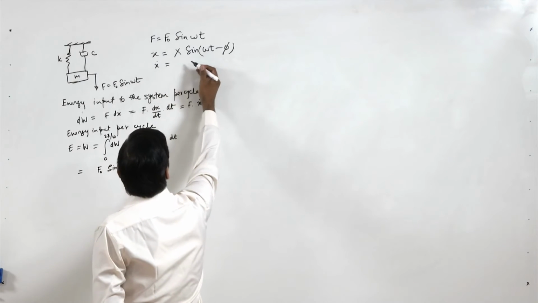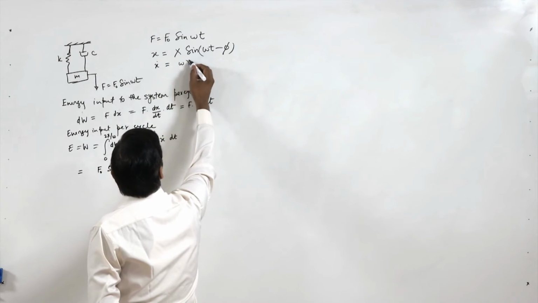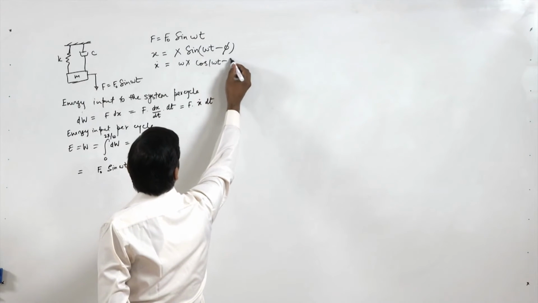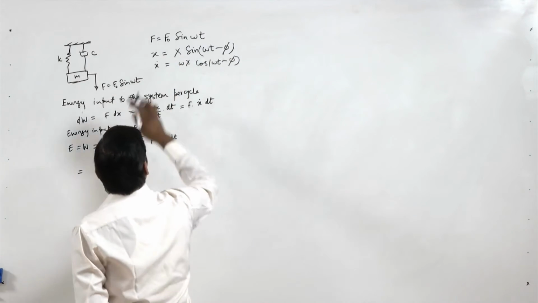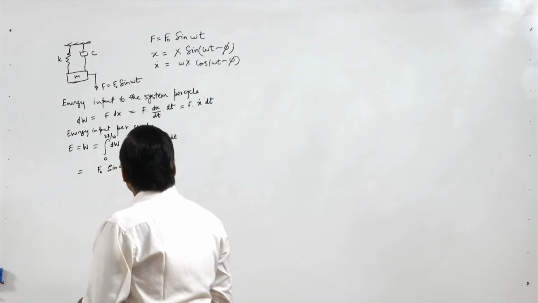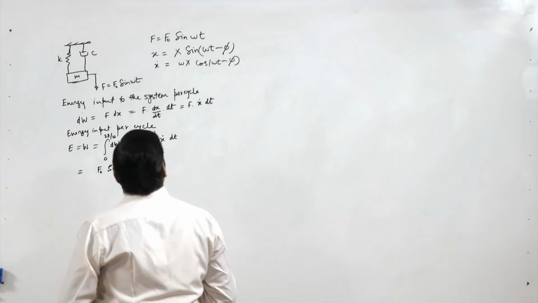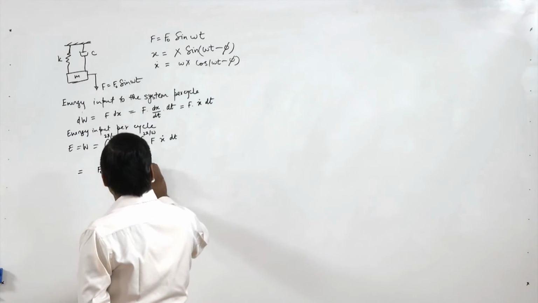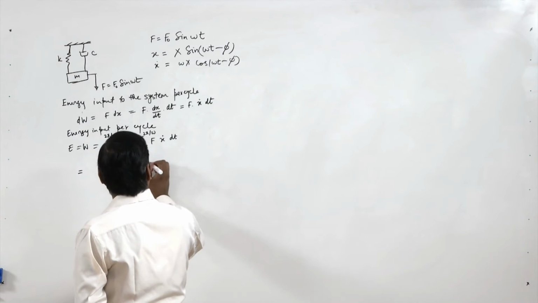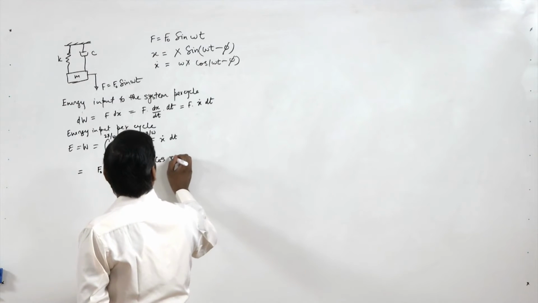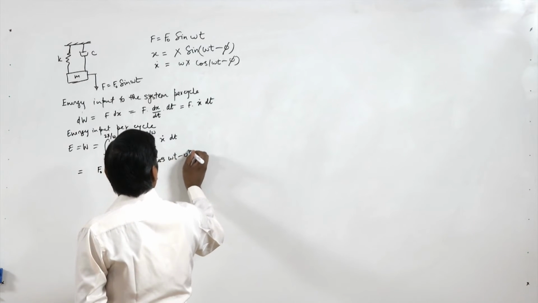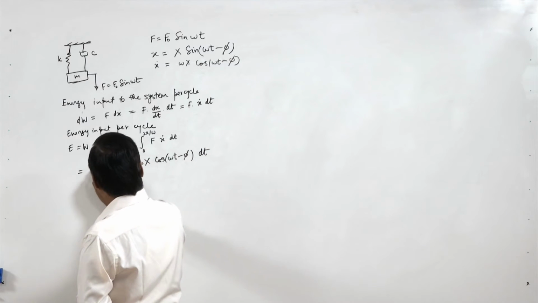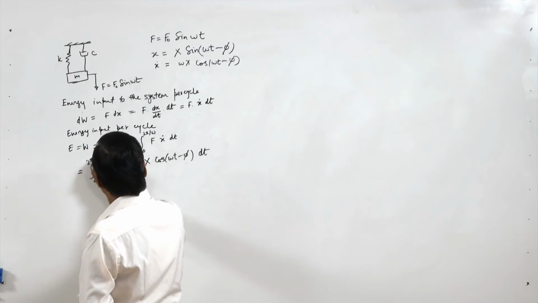We differentiate x with respect to time t, so x dot equal to omega X cos(omega t minus phi). We can write it as omega X cos(omega t minus phi) into dt, and this is from 0 to 2 pi by omega.